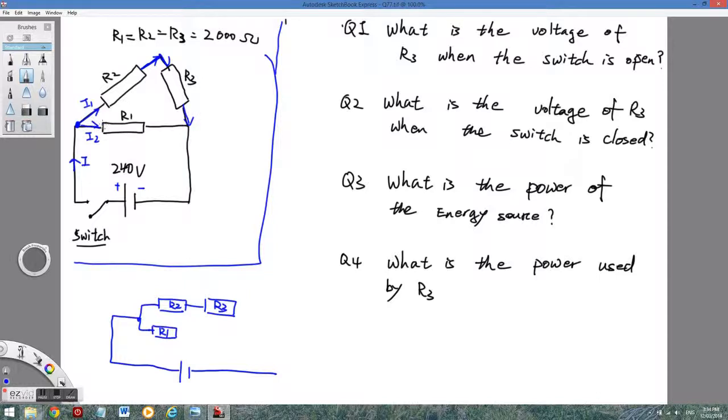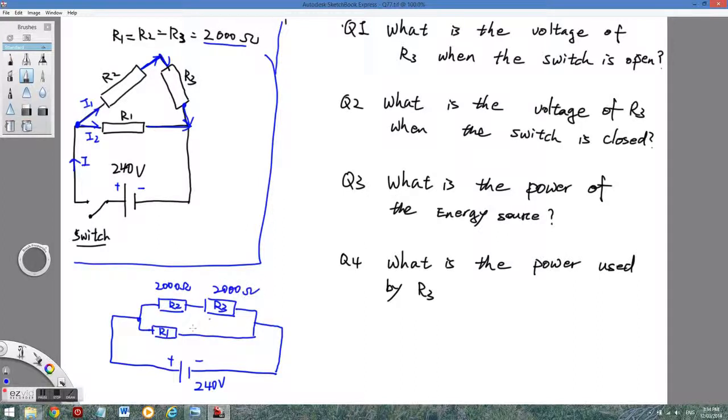After current goes across R1, it means the current comes out from R3. So I can rewrite it like this. Done. The source is 240 volts, and the resistors are 2000 ohms each.